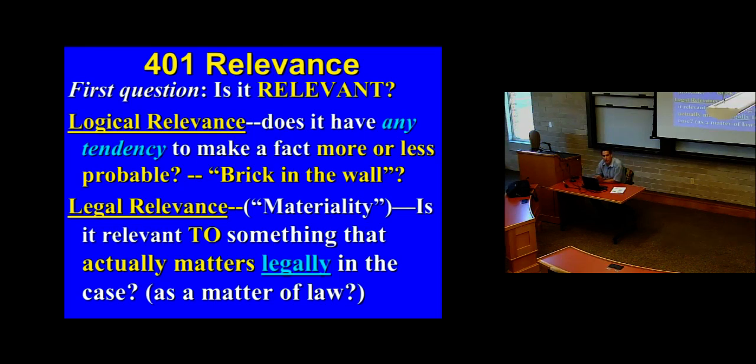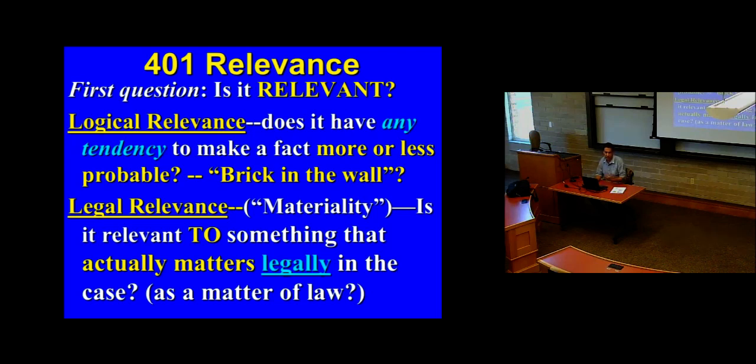There's also something called legal relevancy, sometimes referred to as materiality. And the question is this: is it relevant to something that actually matters legally in the case? So sometimes you can think of it as "it matters" and try to tie that to the word materiality, but materiality is also that it's legally important.